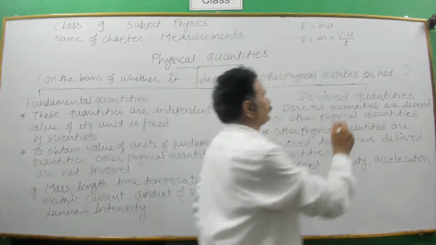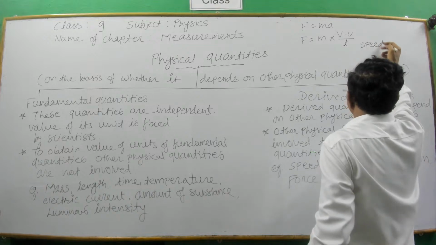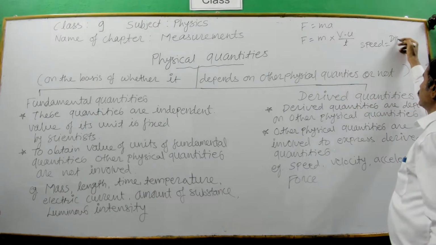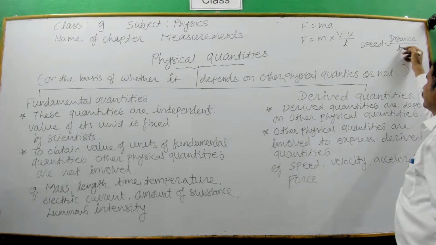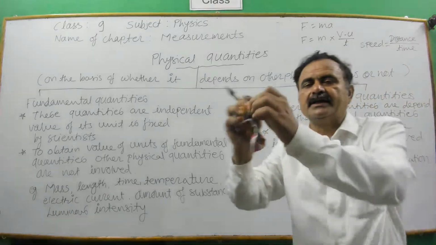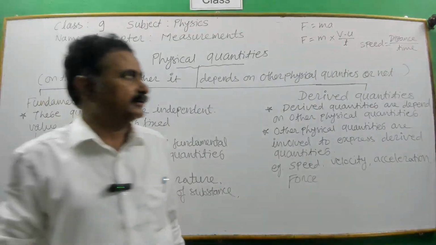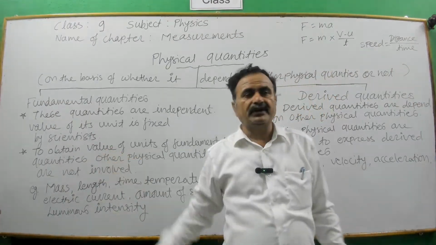Speed, भैया देखो, speed is equal to distance divided by time. Distance is nothing but one type of length. Length is a fundamental quantity, which is divided by time. Time is also a fundamental quantity.